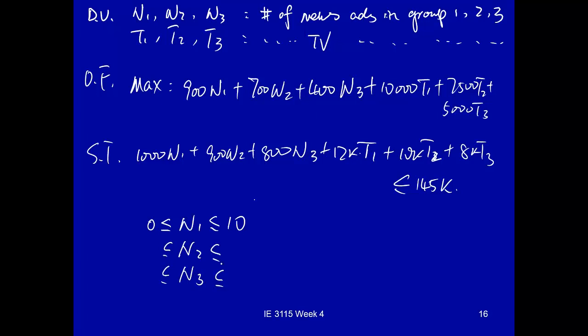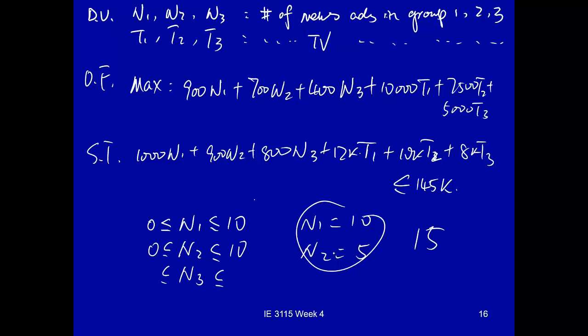If we look back and review how we defined them, N2 represents the number of news ads in that 11th to 20th group. So their value can only go from 0 to 10 too, because even though it's the 11th, it's still 1. For example, if our final result is N2 is 5, then that means in total you have 15 newspaper ads.